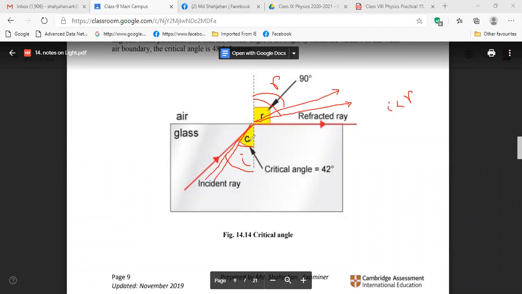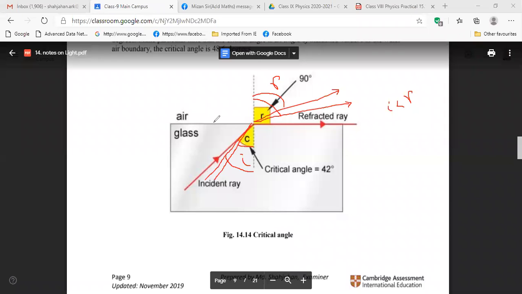And to get a critical angle, the light rays must go from a denser to a rarer medium. If the angle of refraction is 90 degrees, then the angle of incidence is called the critical angle.